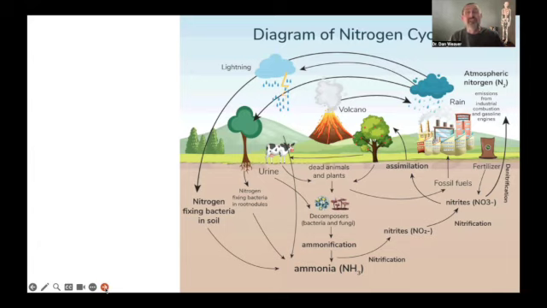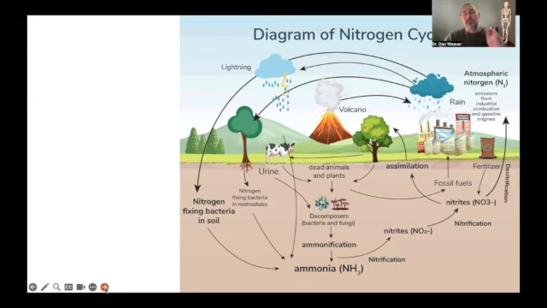But too much nitrate, let's say in a stream, could have adverse effects to the life in the stream. So it's important that this nitrogen gets cycled through the ecosystem, but also in the right amounts and that it gets reused in ways that are beneficial to the ecosystem.